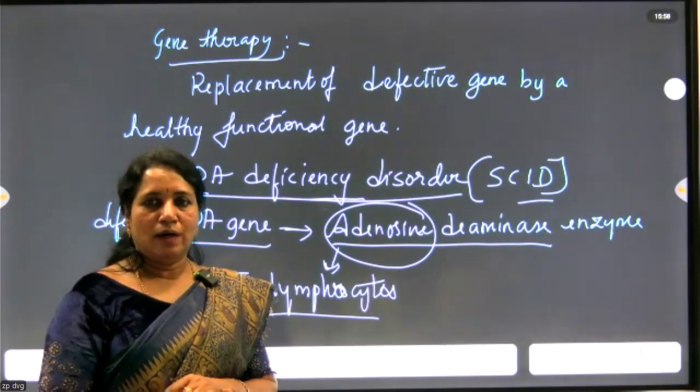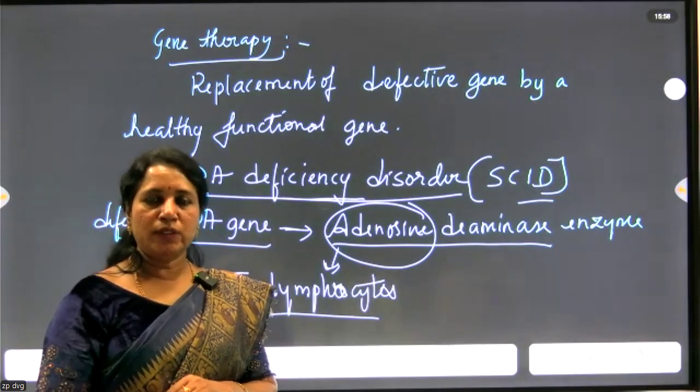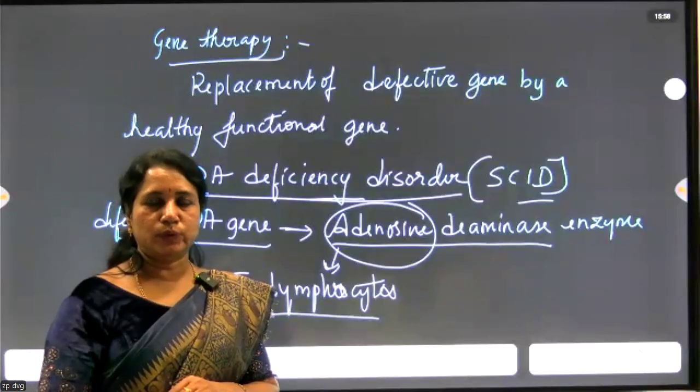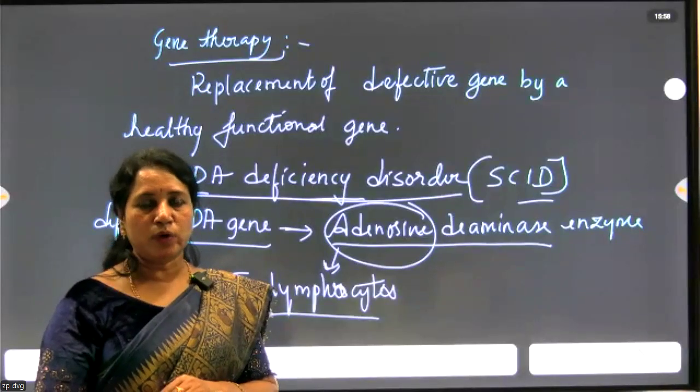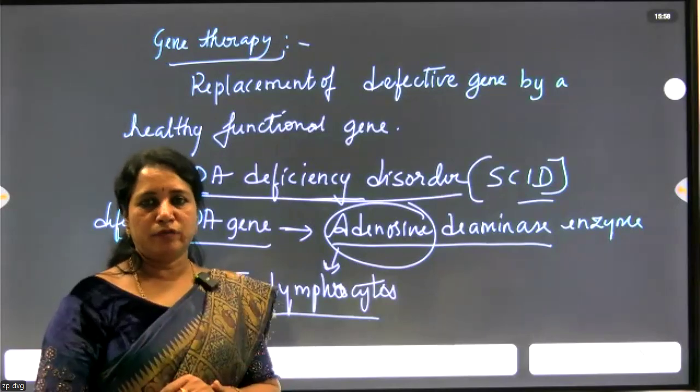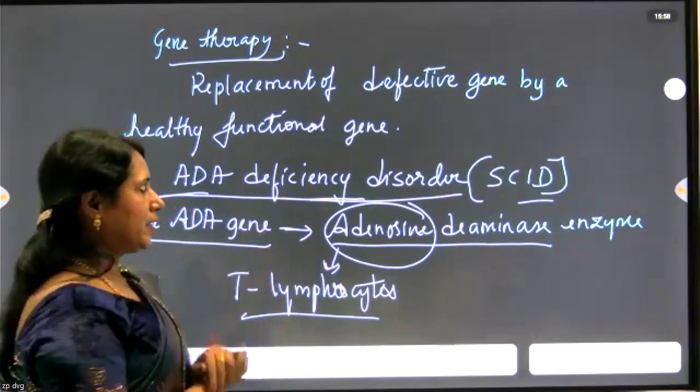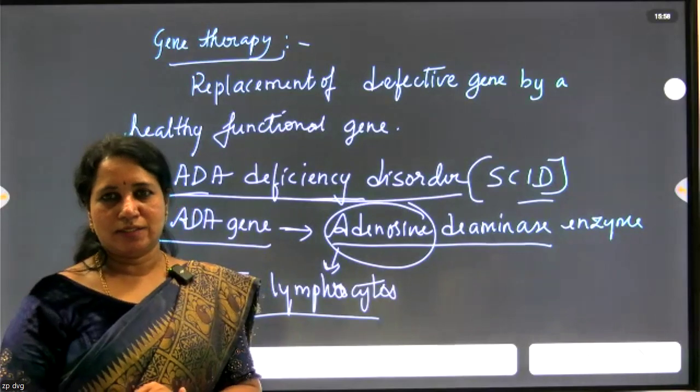So the insertion of the healthy functional gene into the cells during the embryonic stage is the only remedy for ADA deficiency diseases.